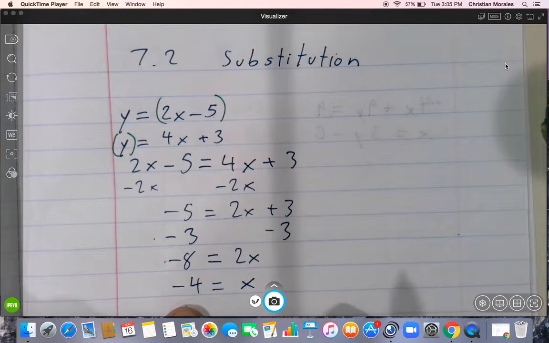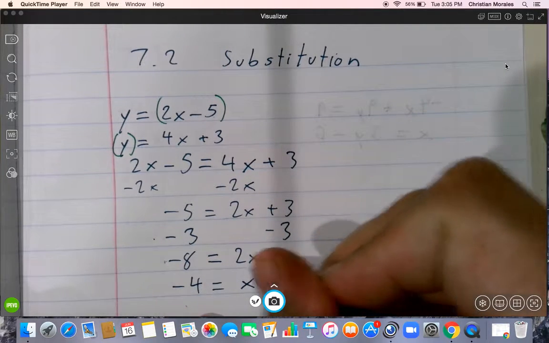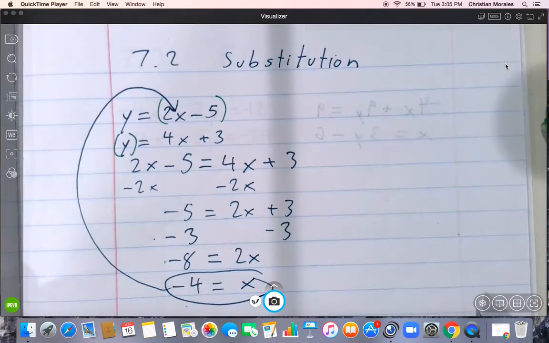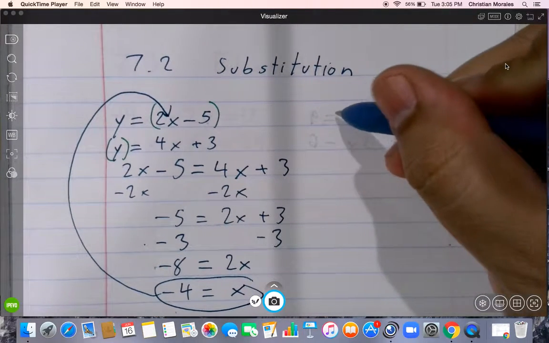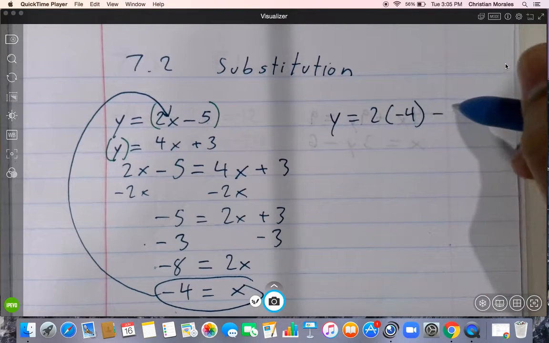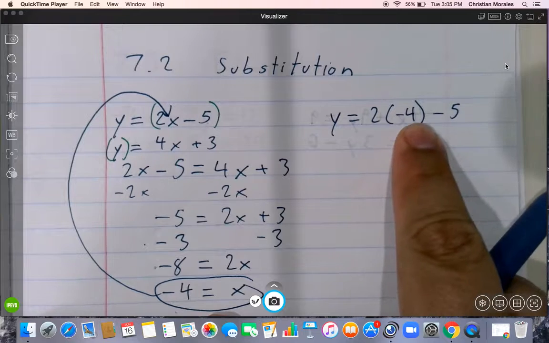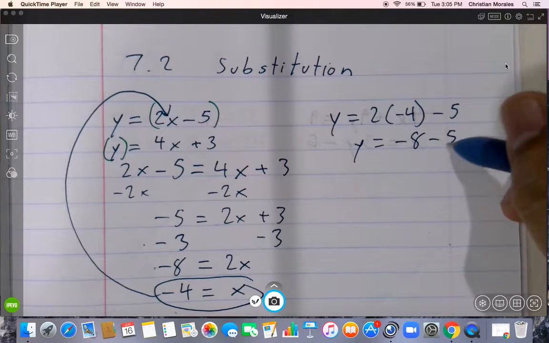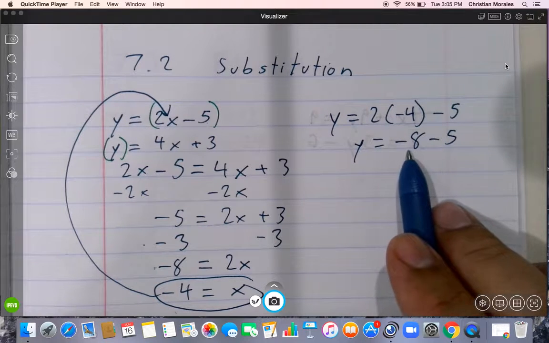Now, to finish this up, take this answer and plug it into the original problem, which means y equals 2 times negative 4 minus 5. Because you know what x is, you replace it. Multiply that, negative 8 minus 5.